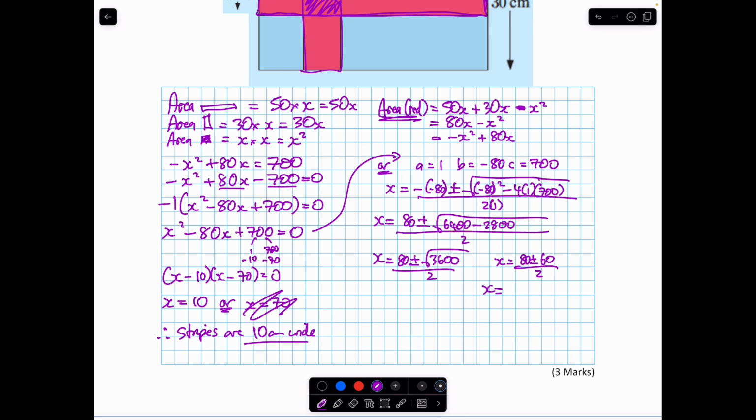I'm getting tired here. x is going to be 80 plus 60 is 140 over 2, or 80 take 60 is 20 over 2. x could be 70 or 10, but we've already established 70 can't be, so again 10 centimeters, same as before, except the brain fart of me continually telling you that B was 8 when you can see it's 80 here, but I picked that up halfway through. So fix that up.